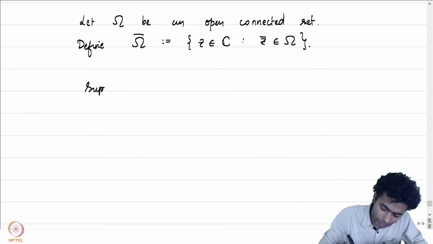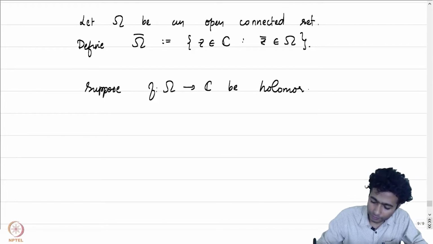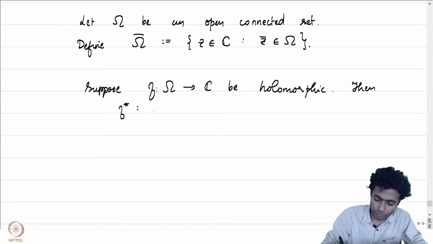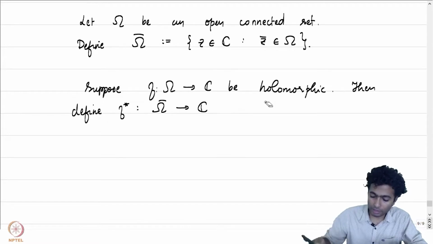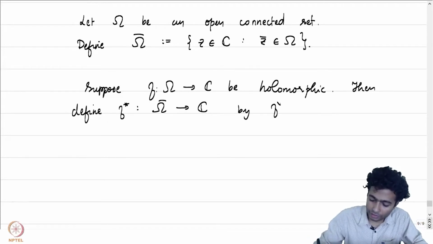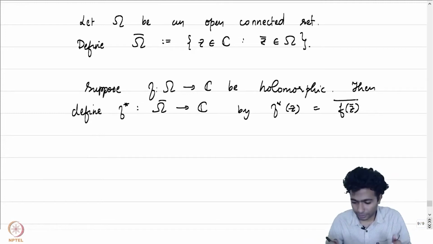So, suppose f from omega into C is holomorphic. Then let us first define f star from omega bar into C by f star of z equal to the conjugate of f of the conjugate of z.